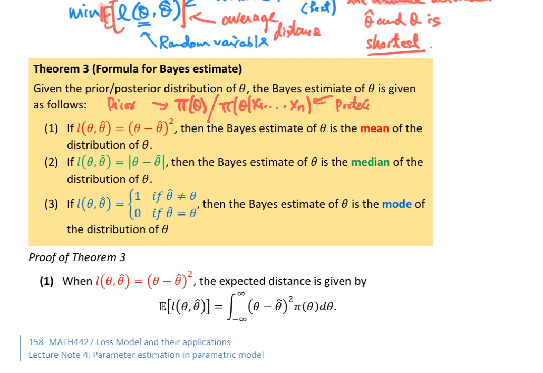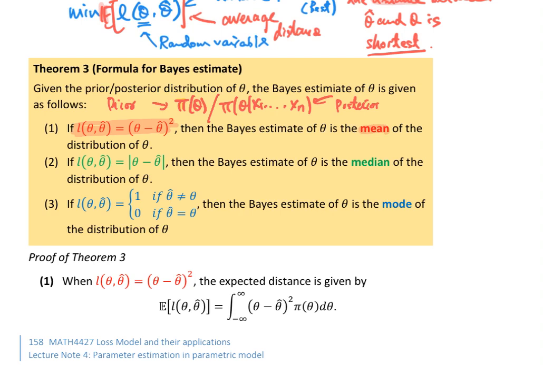Okay, and then here, this theorem tries to tell you the Bayes estimate under different choices of the loss function. In the first part of the statement, it says if you choose the Euclidean distance as your loss function, then the Bayes estimate will be the mean of the distribution of theta.